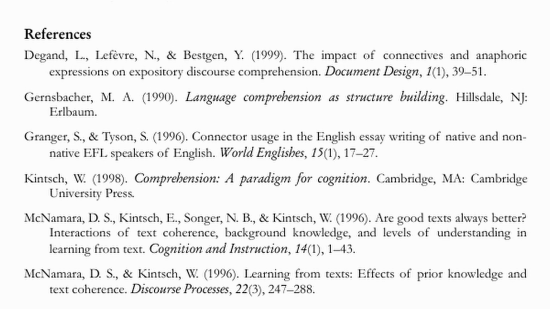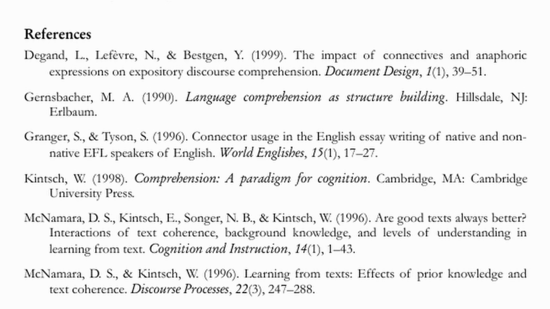Going down further, Kintsch, 1988, that's a book, and we have Comprehension, a paradigm for cognition. In sentence case, you also have a capital after a colon, so Comprehension: A paradigm for cognition. And you've got the location and then the publishing company, the publisher, and so on for the other examples.